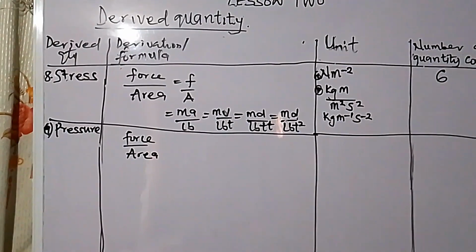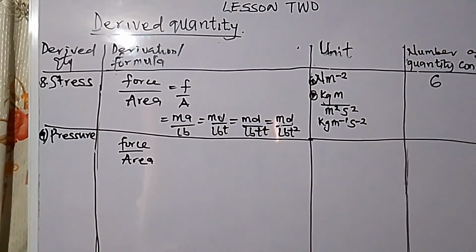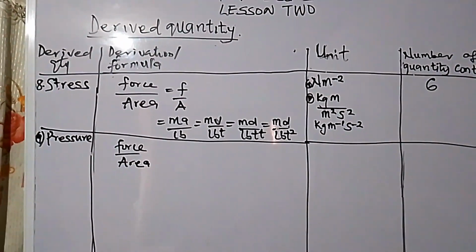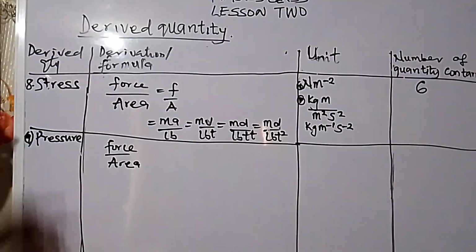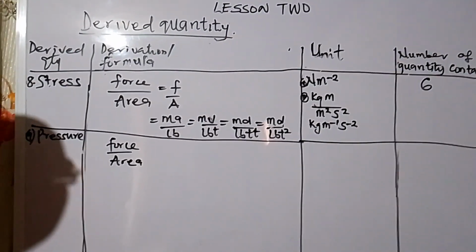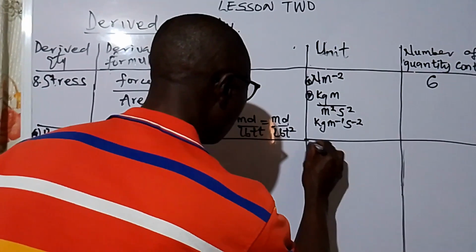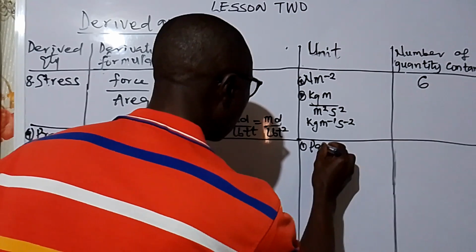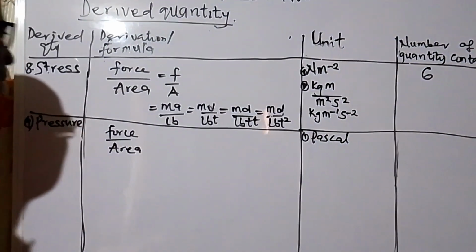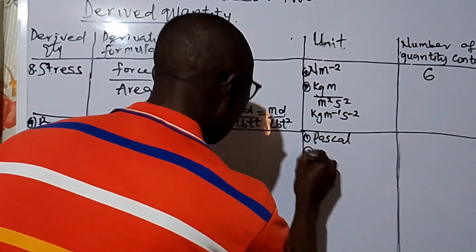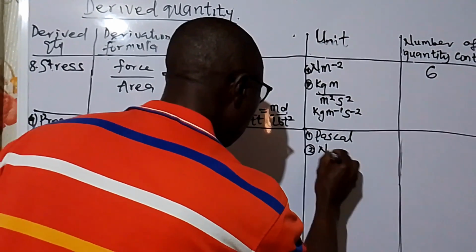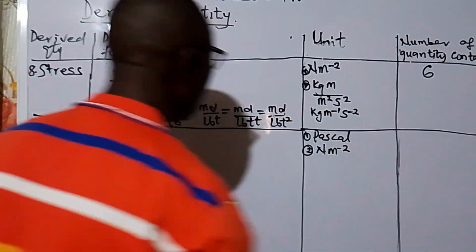Now, from what I said under work and moment of force, we quickly discover that stress and pressure can take the same unit. But the first unit for pressure is Pascal. While the next unit will be taken from this formula, which will be Newton per meter squared.